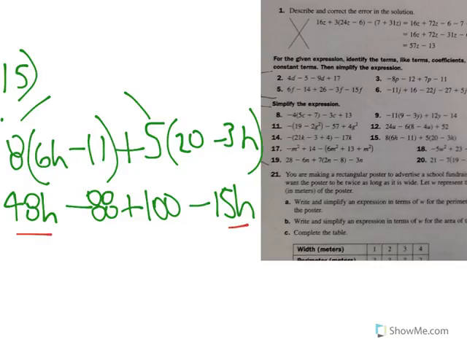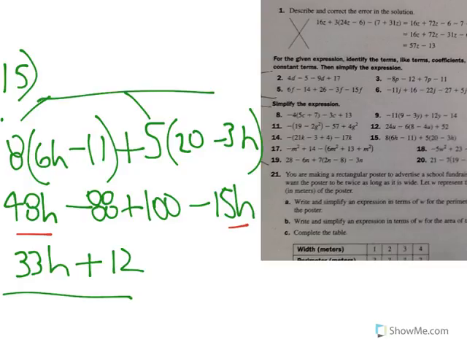We've got a like term here, a like term here. So 48 minus 15 is going to be 33h. Negative 88 plus 100 is going to be plus 12. And that's the end. That's all we're doing. This is a lot simpler than that first part that's up here.